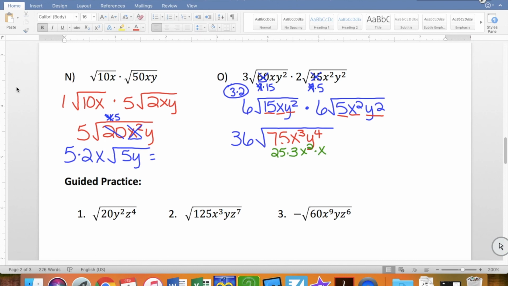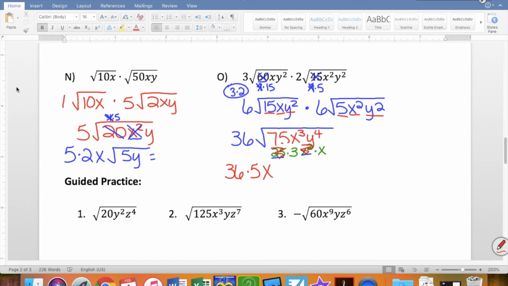So I'm going to pull out my perfect squares, which is 25 and x squared. I should say I'm going to take the square root of those things that I can and put them out front with the coefficients. So the square root of 25 is 5, so now I'm going to have 36 times 5. I'm going to take the square root of x squared, which is x, so that's gone.